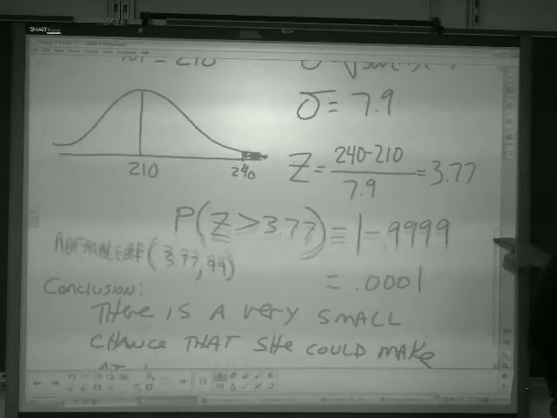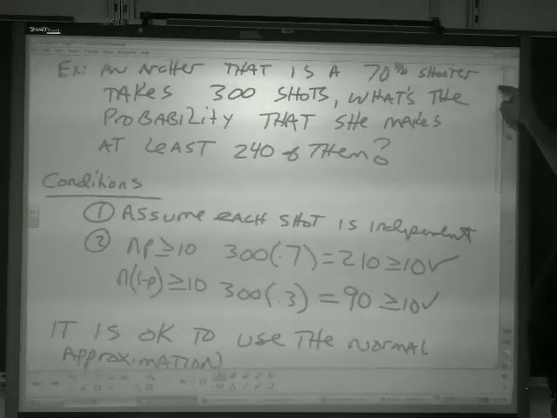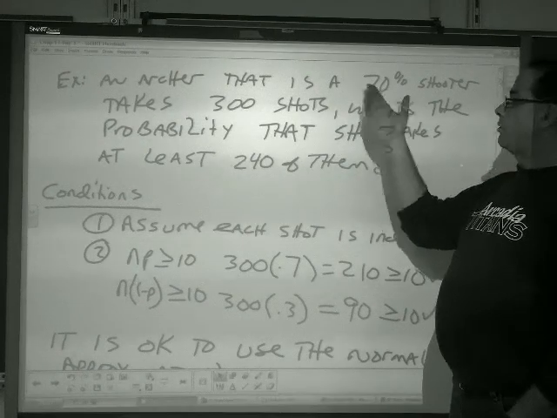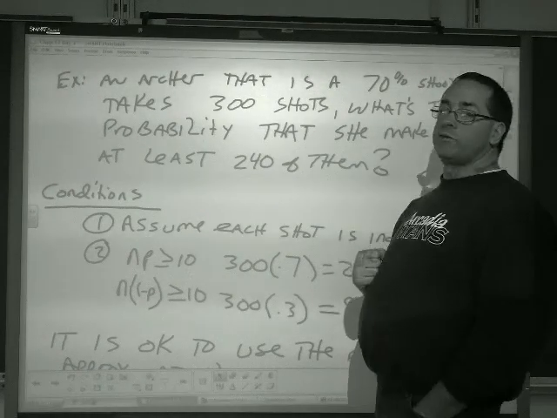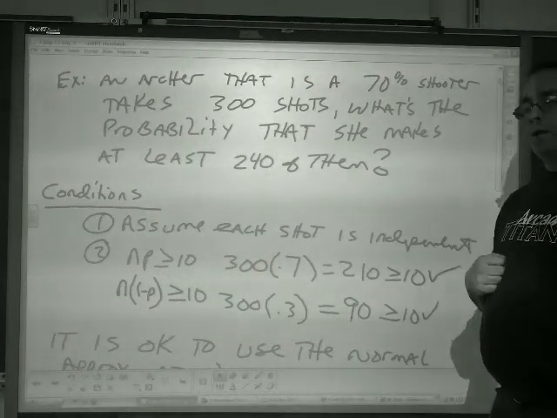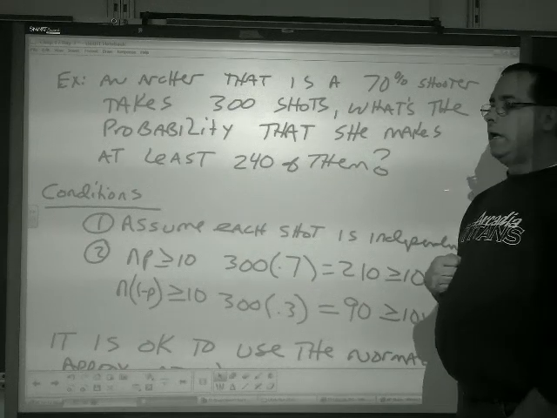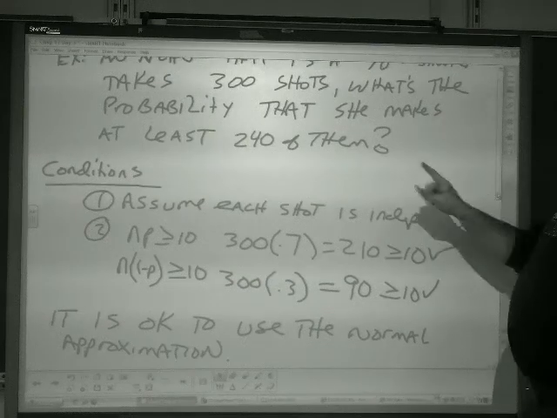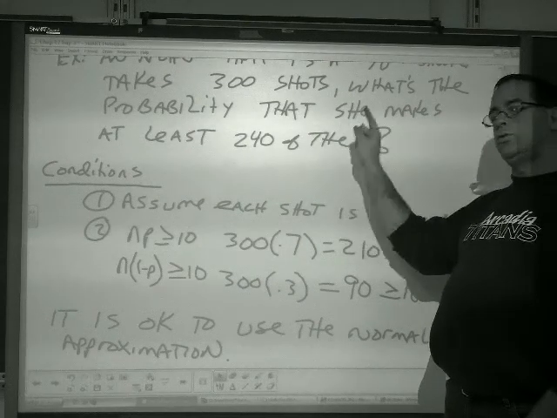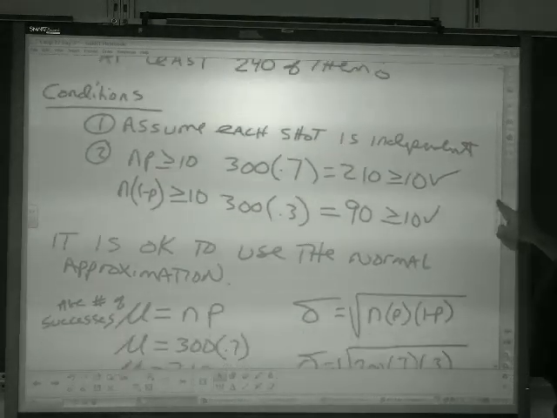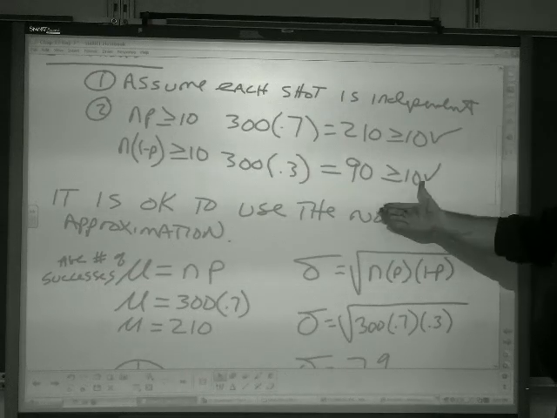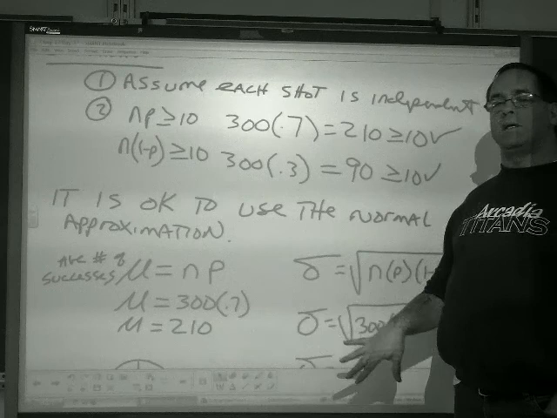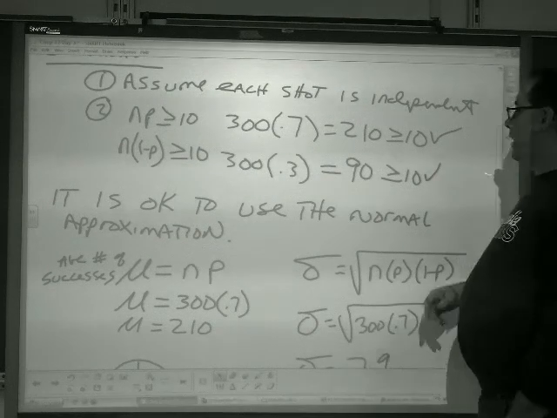And it's all about taking a situation that is binomial, all right? Success or failure, probability of success, number of shots, how many do we want to make out of the total, and using the normal curve so that way we don't have to do 240, 241, 242, 243, all the way up to 300. We got to check conditions. If the conditions aren't met but they're close, maybe we'll make a disclaimer at the end and we'll talk about that in class.